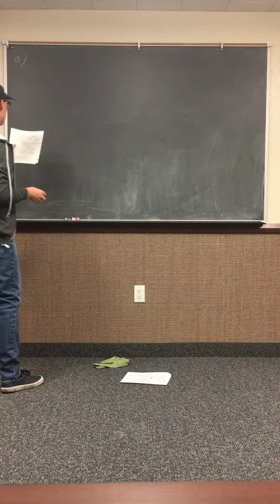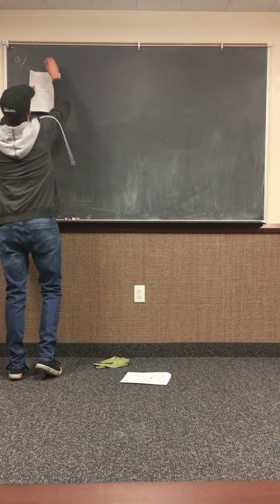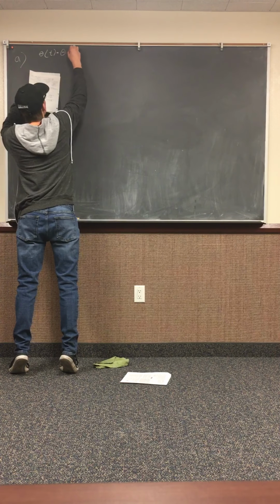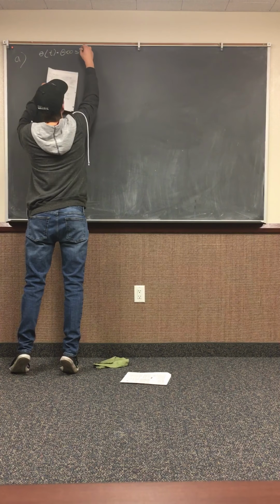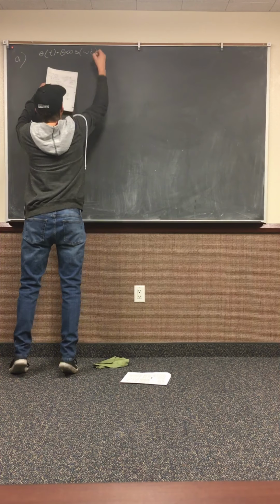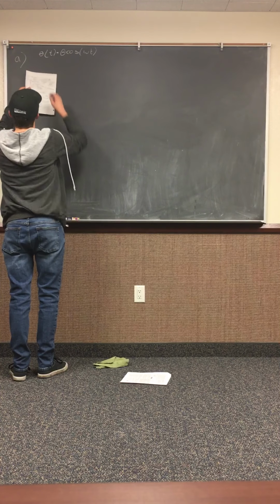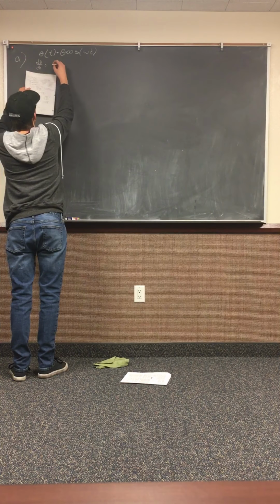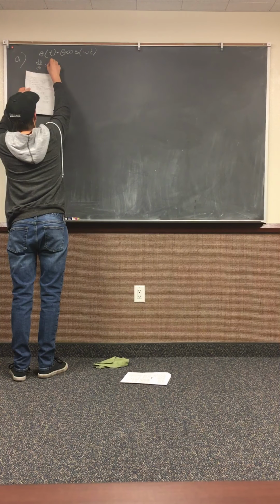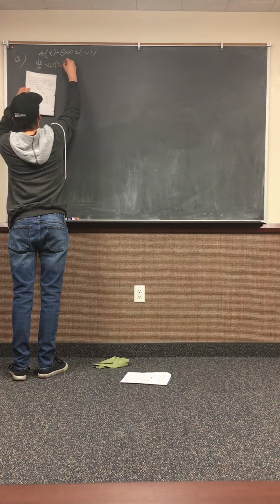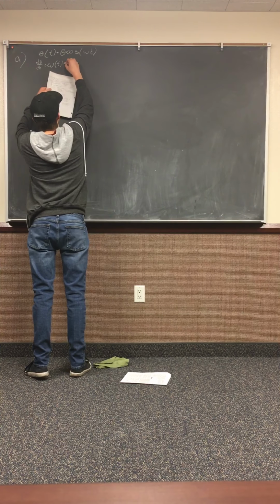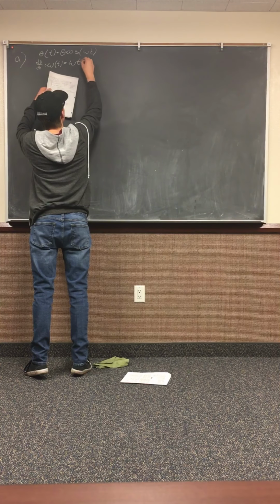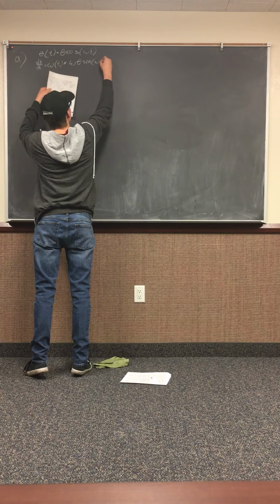theta of t is equal to theta cosine of wt. Okay? So then d theta over dt is going to equal our angular velocity as a function of time, which equals negative w theta sine of wt.